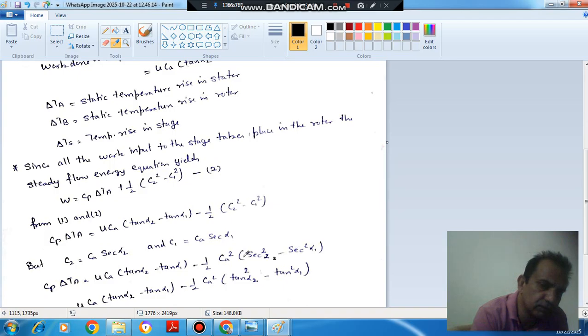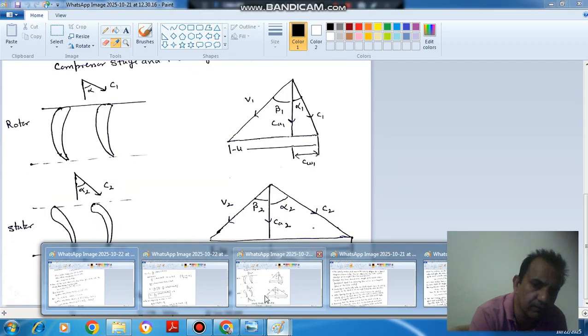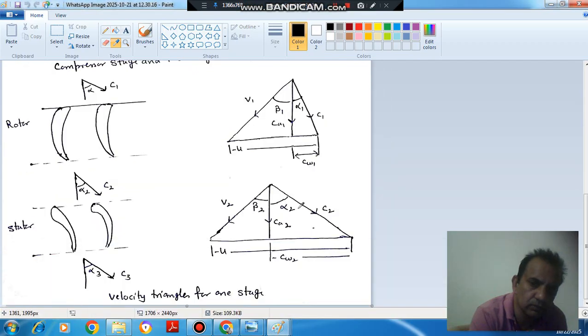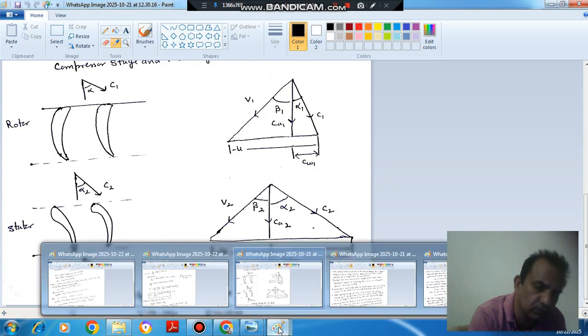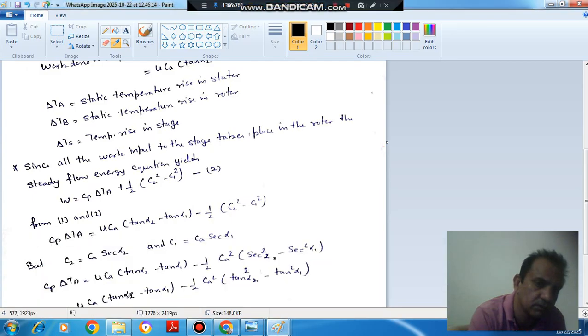From the velocity diagram, C2 is Ca secant alpha 2, because Ca1 and Ca2 are same, so it is equal to Ca. Similarly C1 is equal to Ca secant alpha 1.